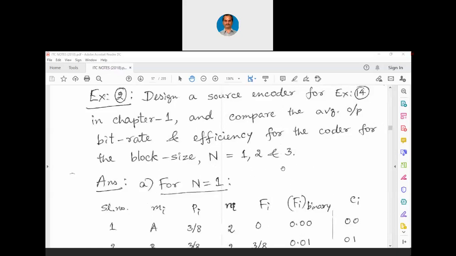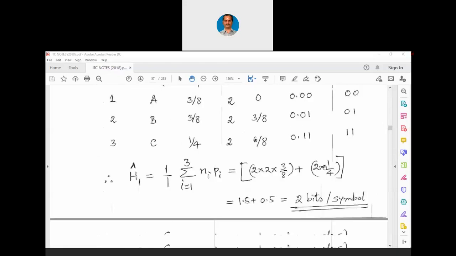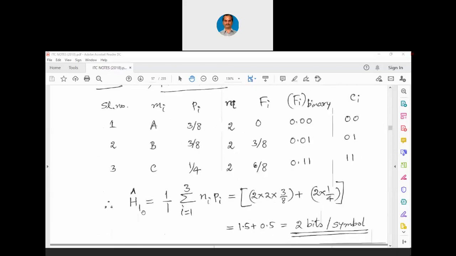Now in the exercise, I am going to show you the other 2, n equals 2 and n equals 3. Now in this particular case, H1 cap is 1 over 1 summation of i equals 1 to 3 of ni into pi. So we are getting 1.5 plus 0.5 is 2 bits per symbol. This is the average number of bits per symbol in the encoded sequence.